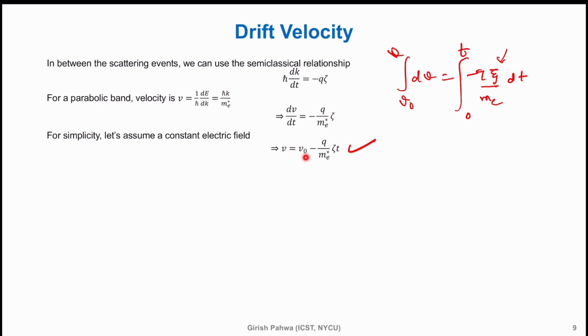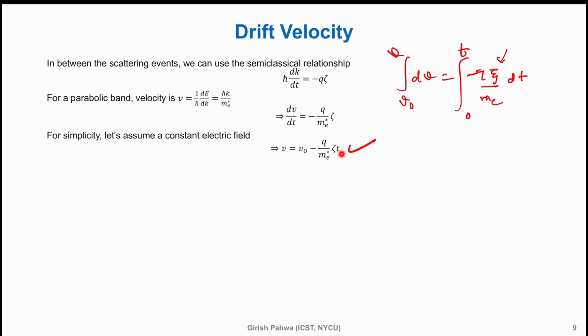Now between two scattering events, this relationship is valid. As long as the electron is not encountering any scattering, this is valid. So it started with v naught, accelerated a bit, and then again got scattered. The final velocity just before it scattered is v, and the time it took between the two scattering events is T.